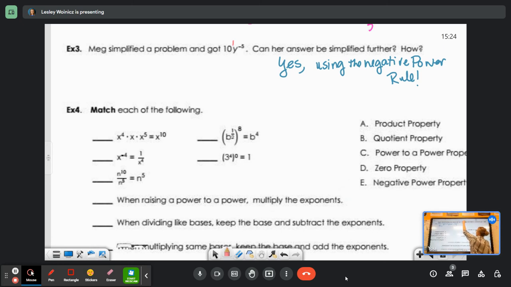So this 10 is locked. It's not going anywhere. But the y, on the other hand, has a negative power. And it's going to be the reciprocal hanging out in the denominator with a positive exponent. So we'll have a 10 on top and a y to the positive 5th on the bottom in the denominator.